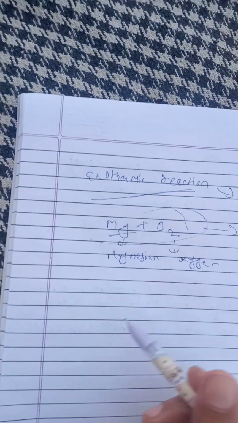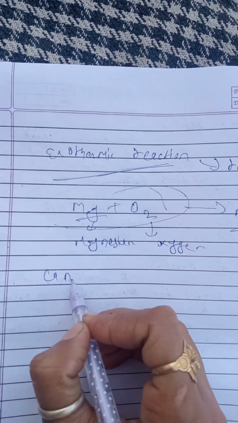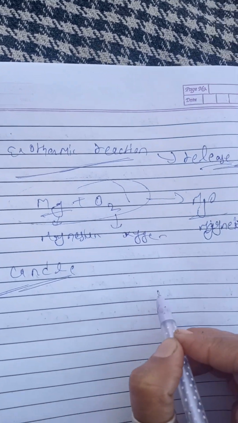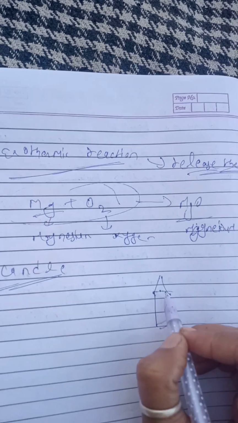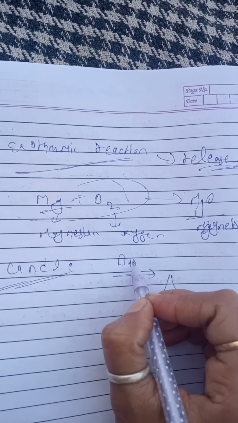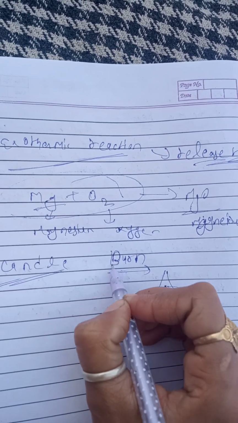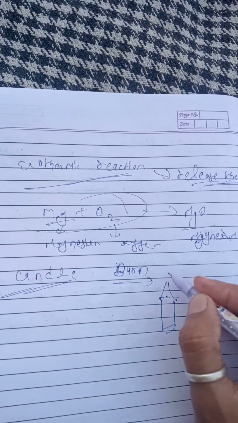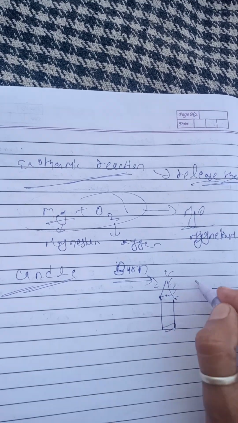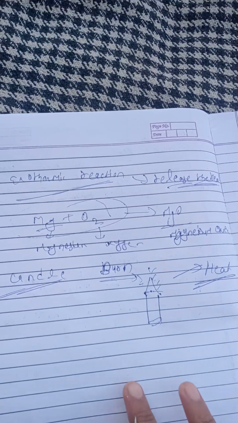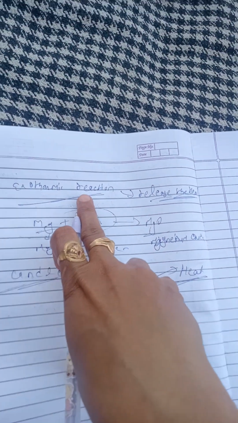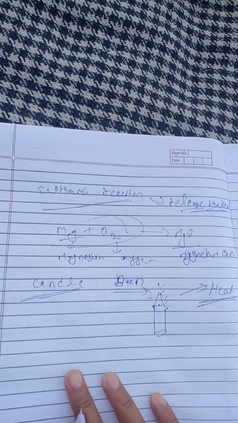So just like a candle, when we burn the candle, it gives heat. This is an example of an exothermic reaction.